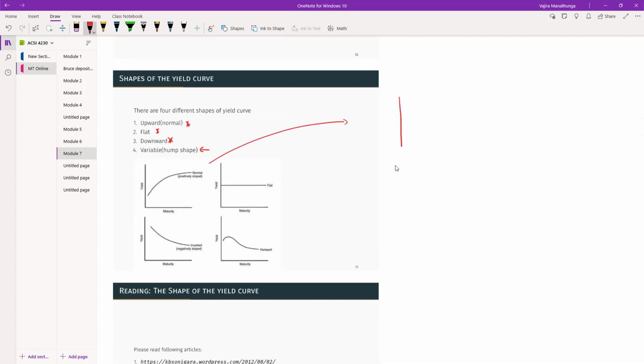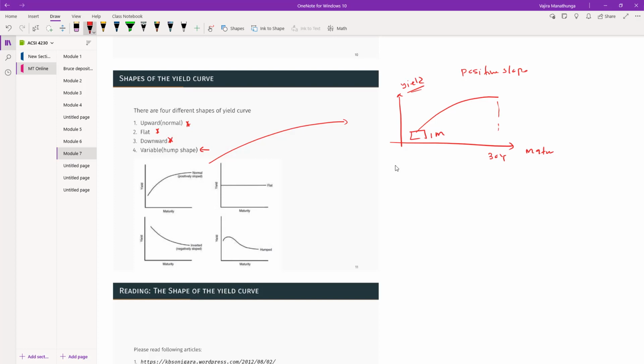Okay. So if I take this one, this would be the normal curve, or basically positive slope. This side is maturity, so here you have something like 1 month, and this side would be 30 years, and this side is yield.